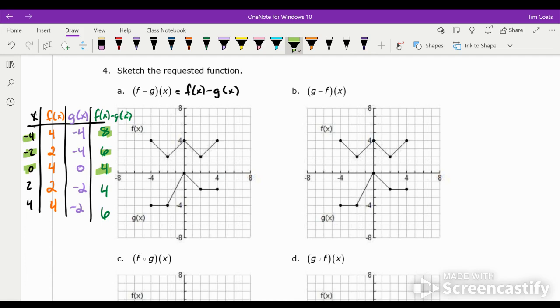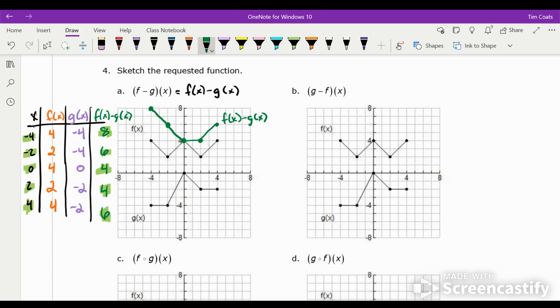So if you look, the x is still going to be the same, but we have new y values, if you will, new f of x minus g of x values. So -4, 8. Then we're at -2, 6. 0, 4. 2, 4. So it stays constant there, and then back up at 4, 6. So if we connect those, this is our new graph of f of x minus g of x.